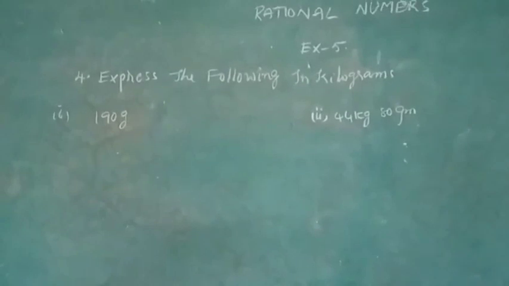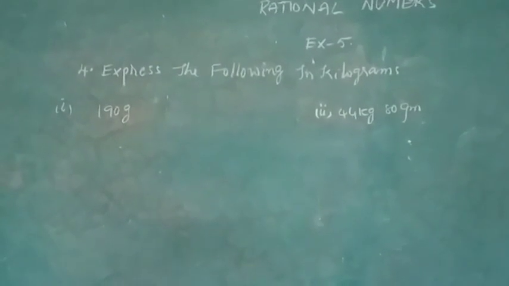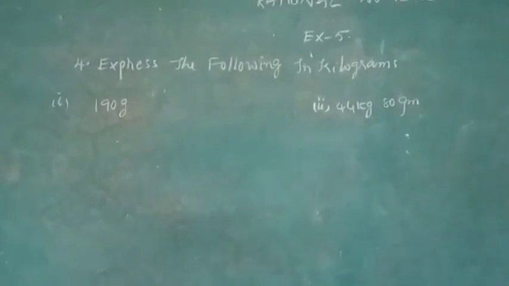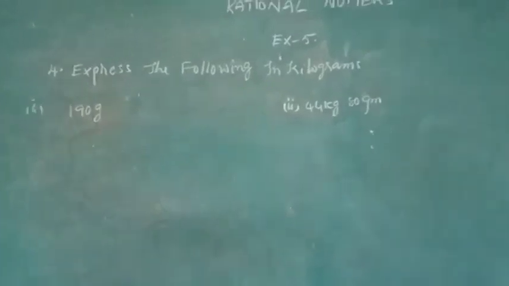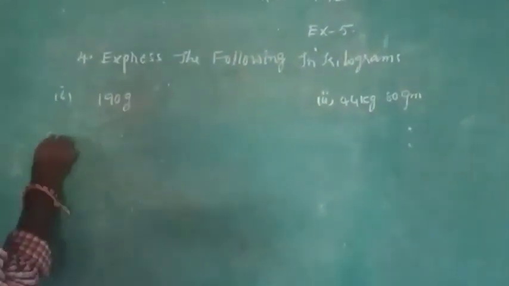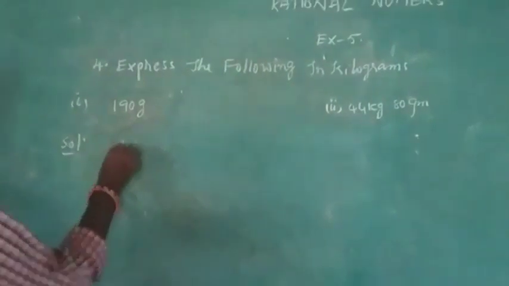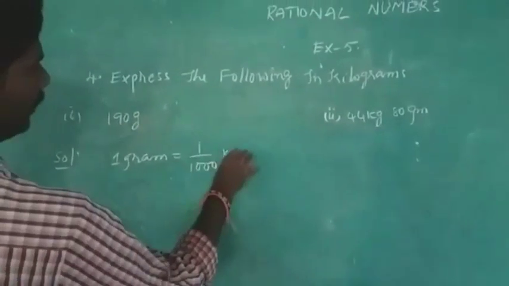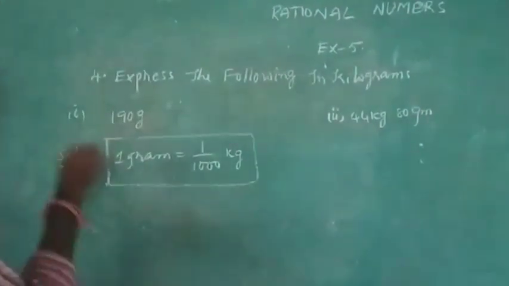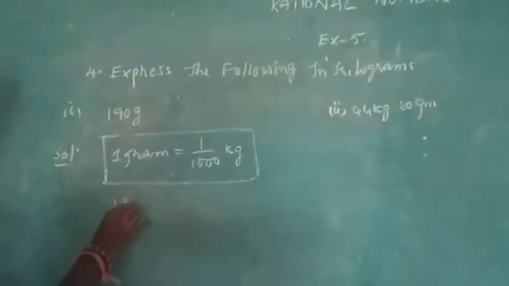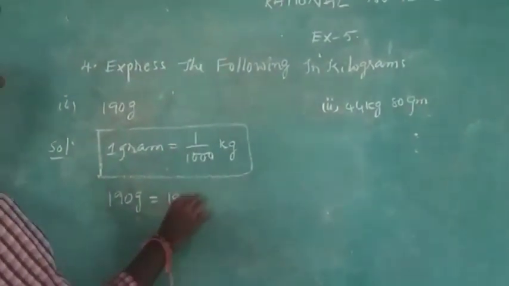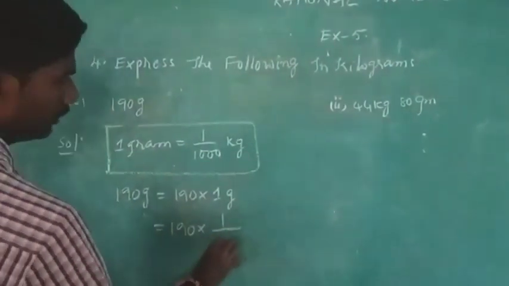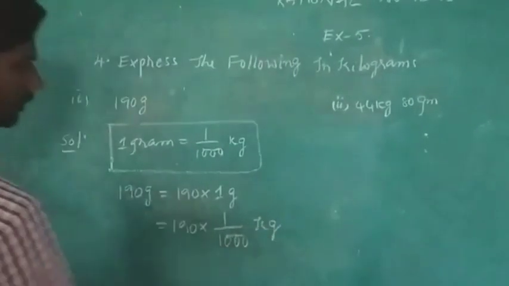1 gram, you need to change into kilograms. 1 gram is equal to 1/1000 kilograms. So 190 grams means 190 into 1 gram, so 190 into 1/1000 kilograms.